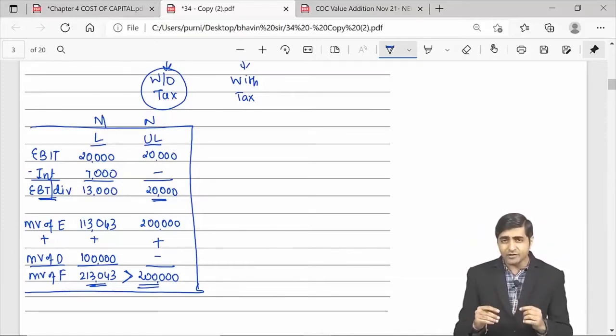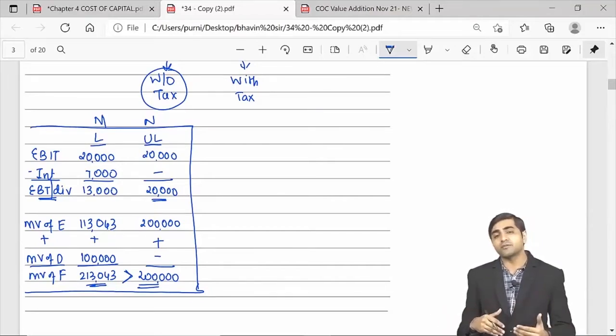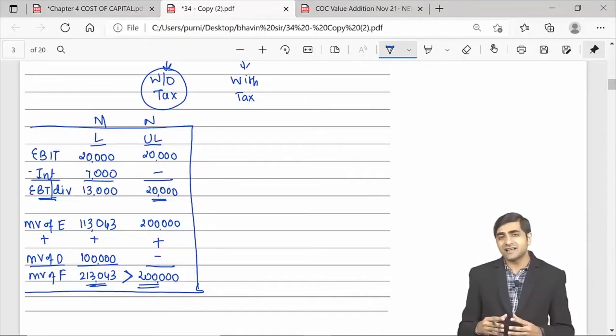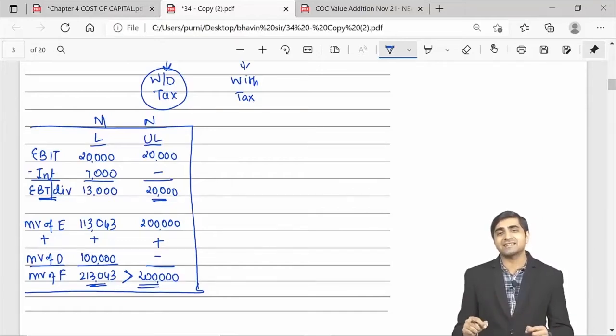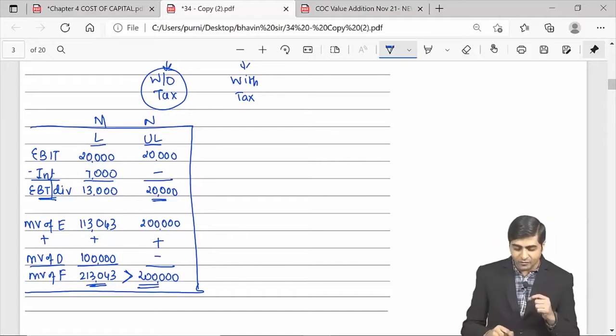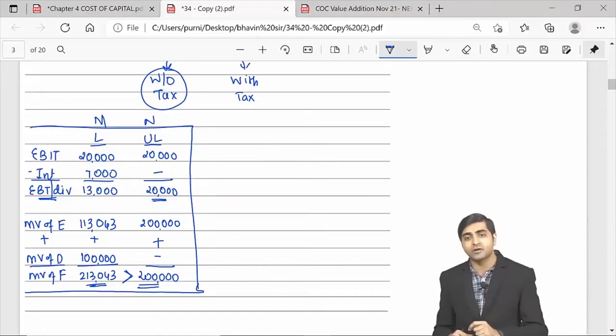So what will happen when you shift your investment? See guys, in both these questions, they have given no information regarding how much percent stake the investor had. So you can assume, for example, Mr. X has a 10% stake in the overvalued company, and you want to shift from the overvalued to the undervalued company.